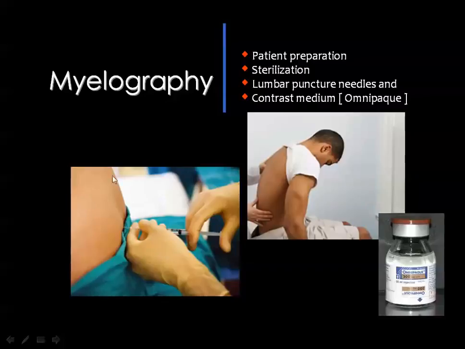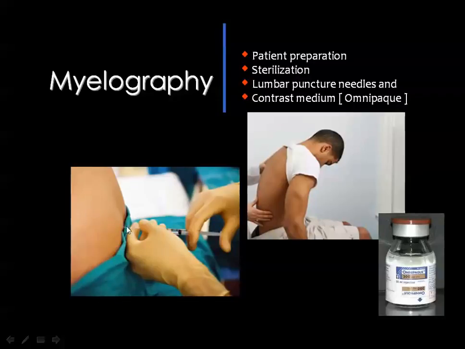Usually, we sterilize the back of the patient and we palpate the spinous processes of the vertebrae, and we introduce a lumbar puncture needle between the spinous processes of the spine, aiming at the thecal sac or inside the spinal canal. Usually, the level we select is between L3 and L4.